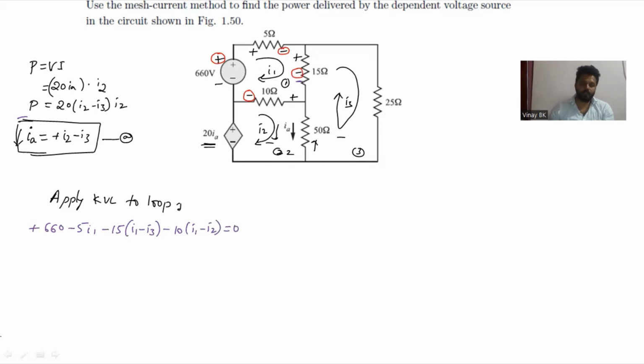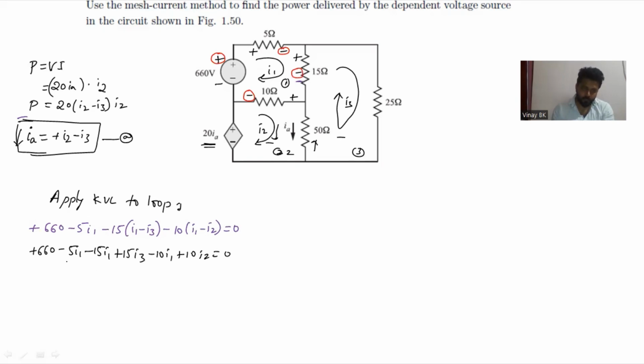So now I rearrange and simplify this equation to get one unknown equation. So plus 660 as it is, minus 5 I1 minus 15 I1 plus 15 I3 minus 10 I1 plus 10 I2 equals 0.